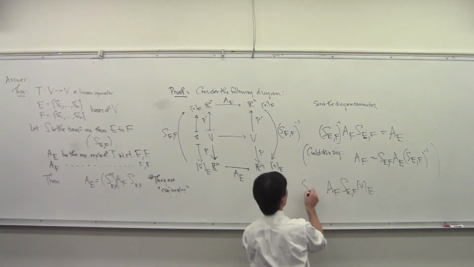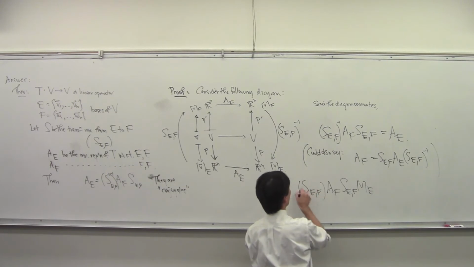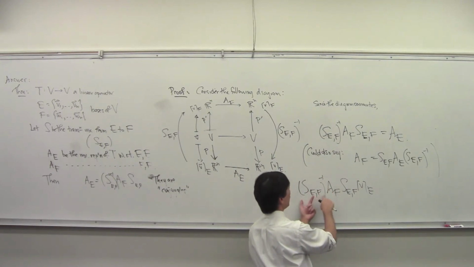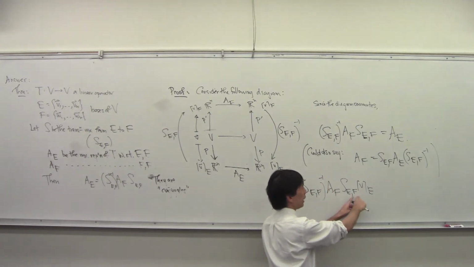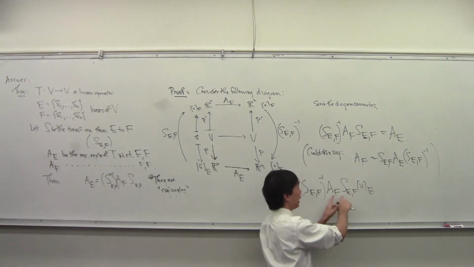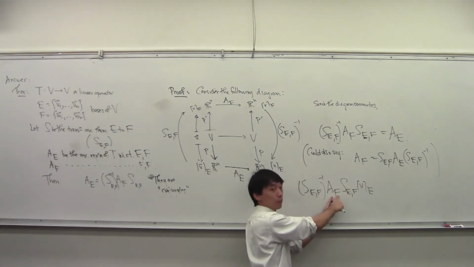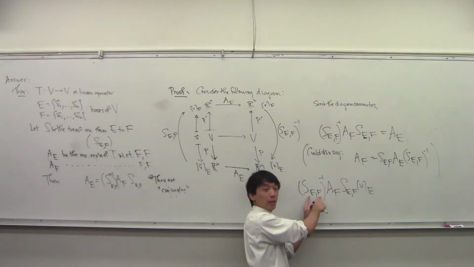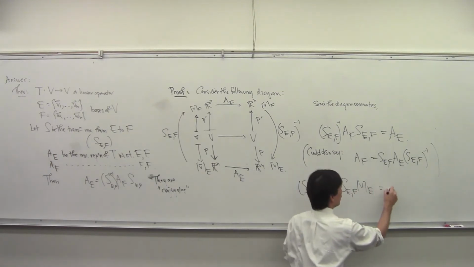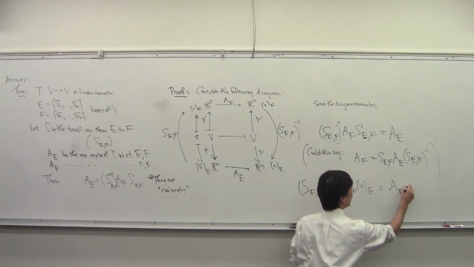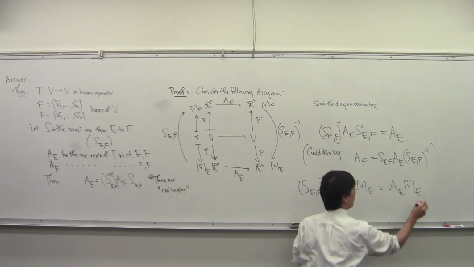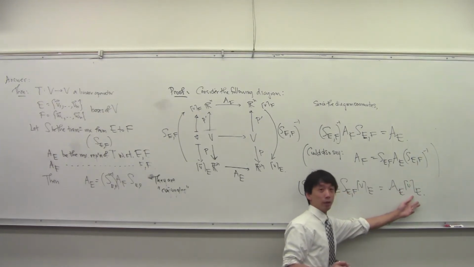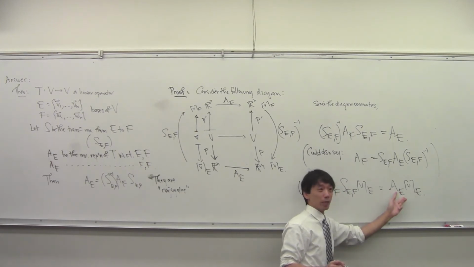And then I'm going to switch it back. So I move it to the F coordinate system, I hit it with the representation with respect to F, and then I switch it back to the E coordinate system, right? That's the same thing as just staying with your coordinate vector with respect to E and hitting it with the transformation.